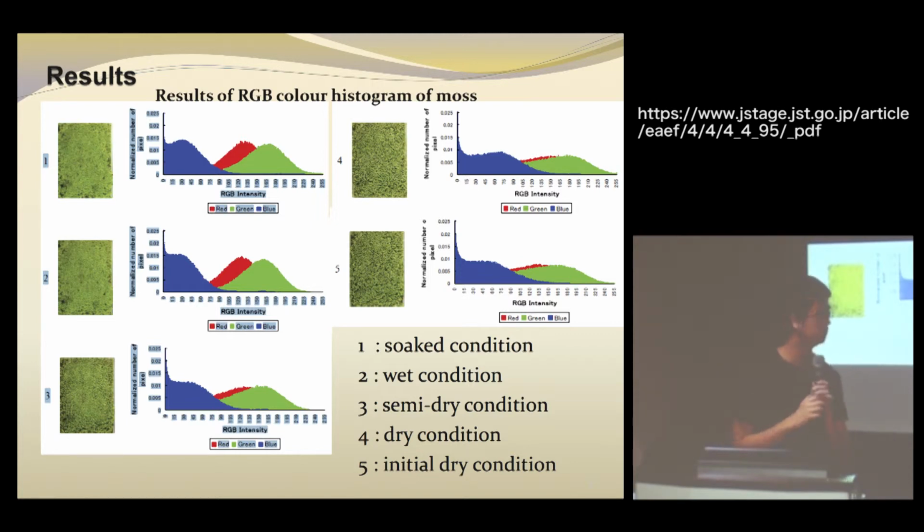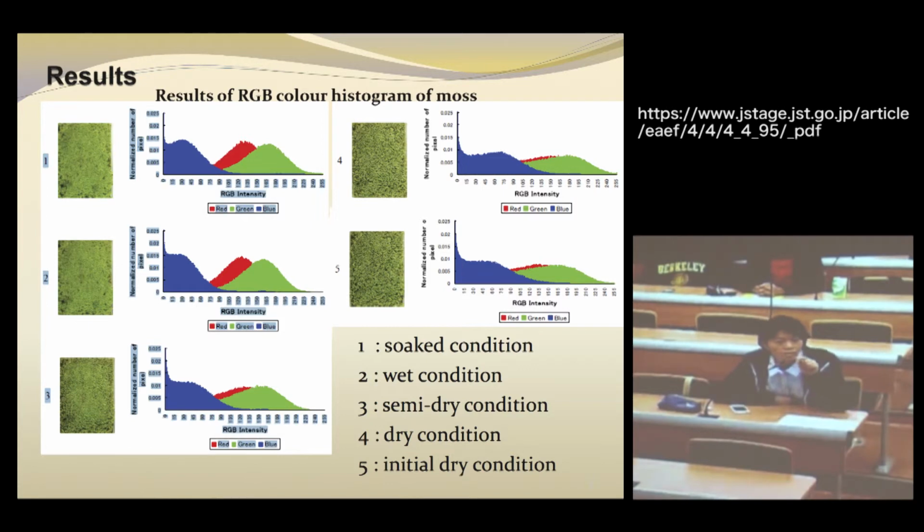Between the most soaked one and the most dried one, it seems like only the red intensity has the difference. No, there is also the blue and the green, which seem not different so much between the soaked and the dry one. Only the red can show the difference.